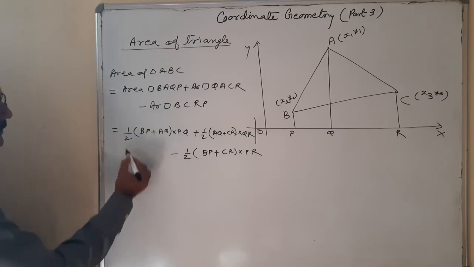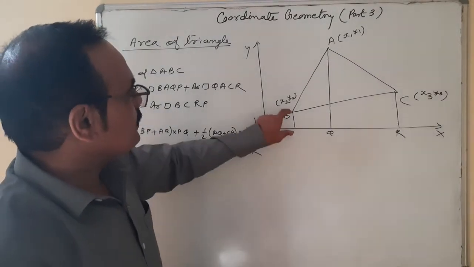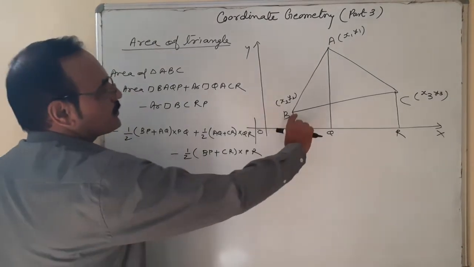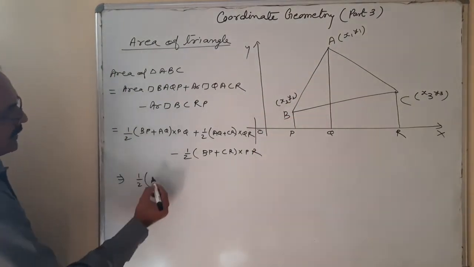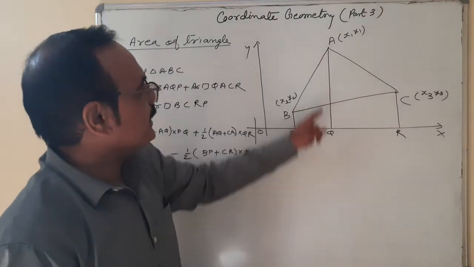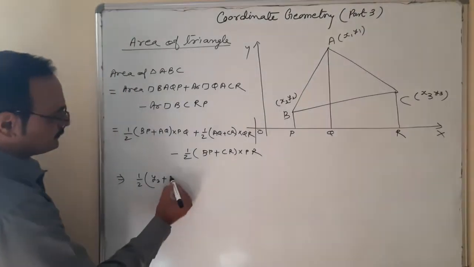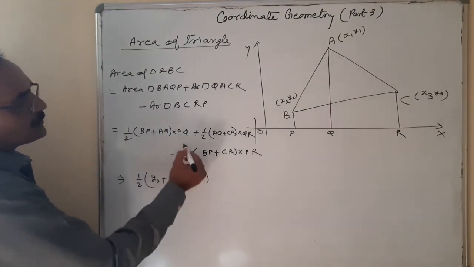Substituting values, 1 upon 2, what is the value of BP? The value of BP is y2, intercept on y-axis, plus AQ. The value of AQ is y1, multiplied by PQ. What is PQ?